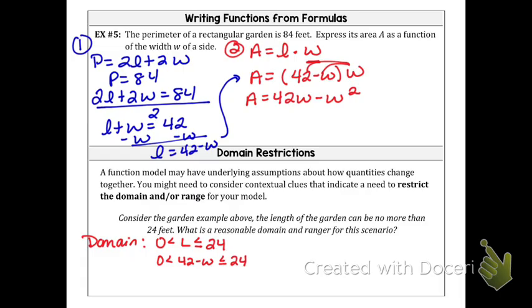And then we can just solve for W. So we'll subtract the 42. So negative 42 less than negative W, less than or equal to negative 18.